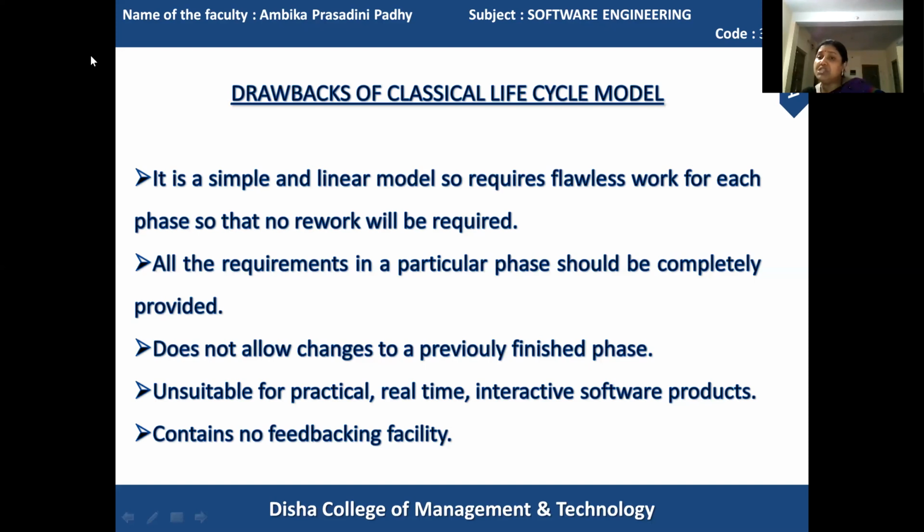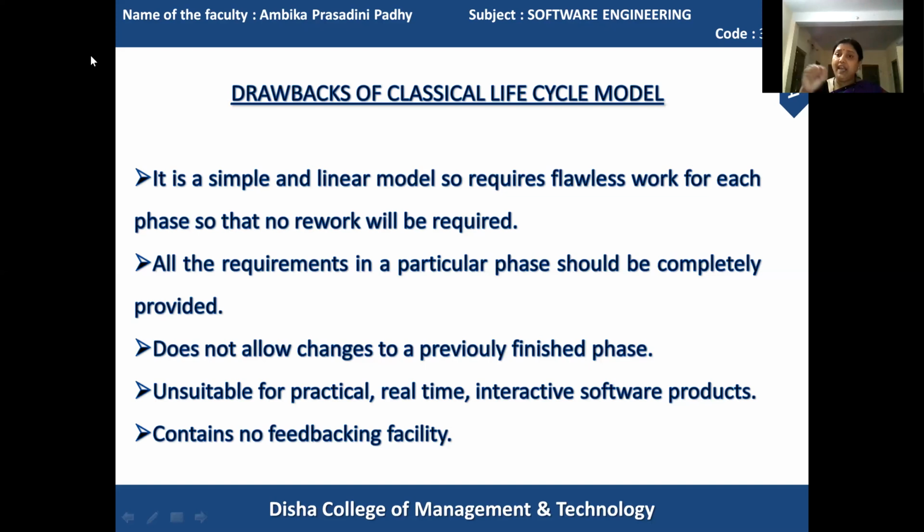It is unsuitable for developing practical, real-time, interactive software products. Due to its sequential nature and the need to perform all activities properly at every phase, it cannot be operated very well, and cannot lead to a practical software product. If you use it for documentation purposes, it is okay.